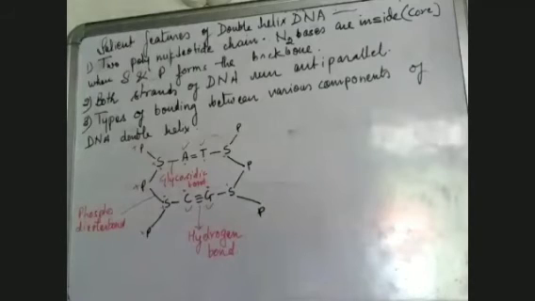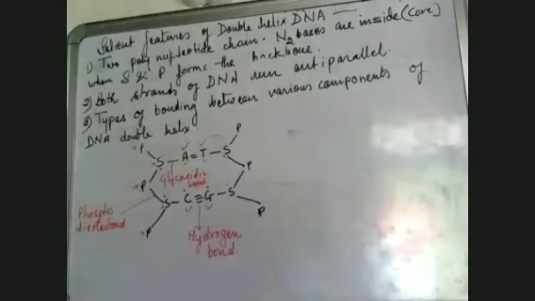And the next was about the coiling, on which side the coiling is seen, what about the pitch of the DNA, the number of bases in one pitch, the length of the DNA strand, and the distance between two base pairs.